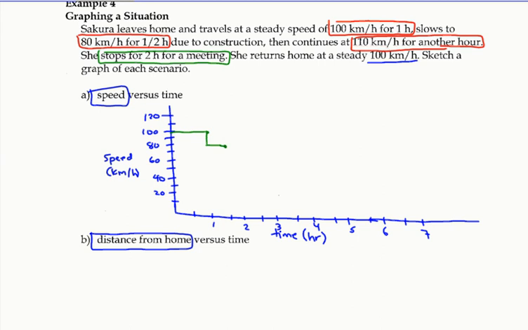And how long? So at 1.5, she increases her speed to 110 and maintains that speed for how long? An hour. Till 2.5 here. This was at 1. This was at 1.5. This is at 2.5.